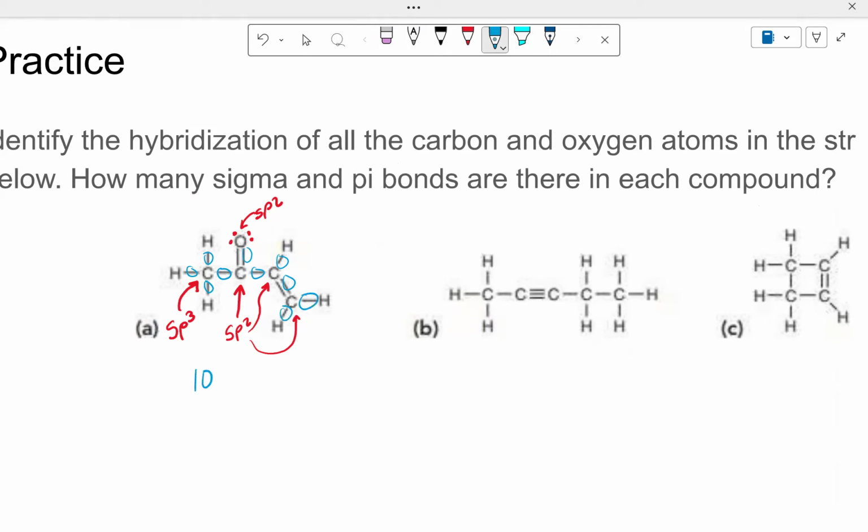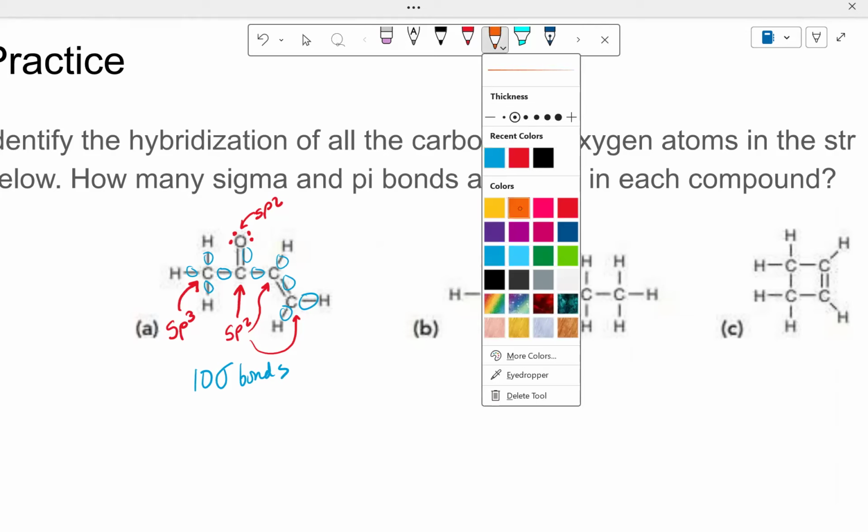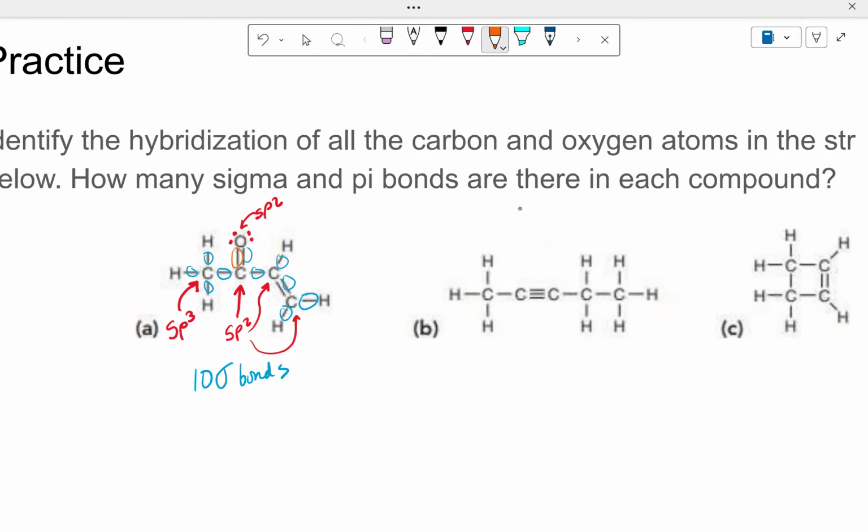So there are 10 sigma bonds. Now, whenever you have a multiple bond, you have to account for pi bonds. So a double bond will have 1 pi, and that one will have 1 pi. So there are 2 pi bonds.